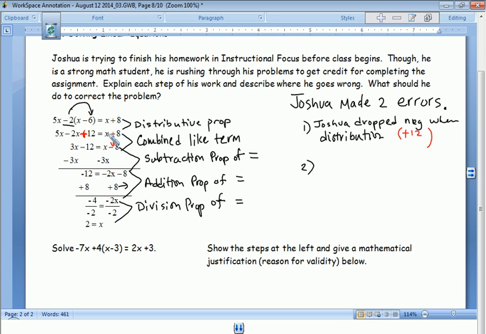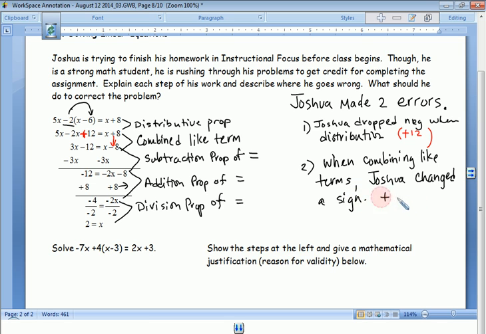Okay, so somehow in this combining like terms step, he just changed the sign. The positive 8 should remain positive.